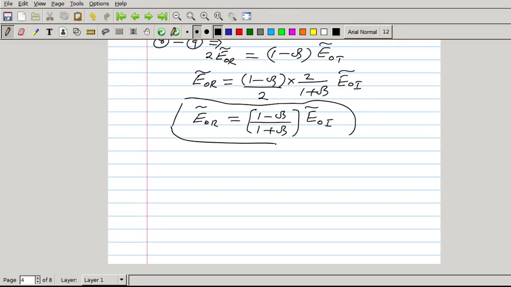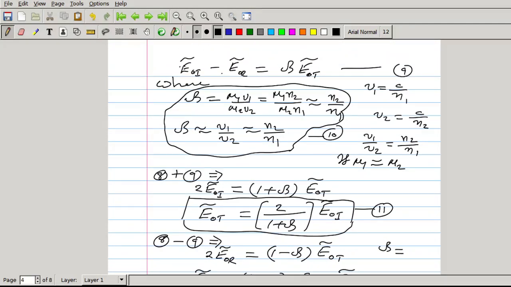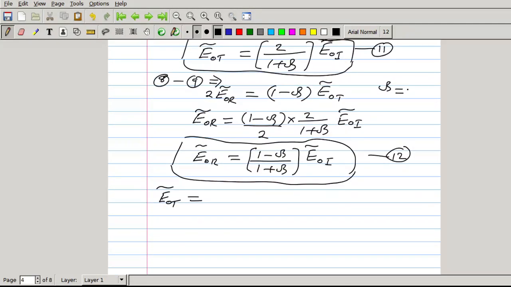These amplitudes I can represent in terms of velocity of wave. For E0T, the transmitted wave amplitude, substitute beta. What is beta? Beta equal to V1 by V2, or N2 by N1.